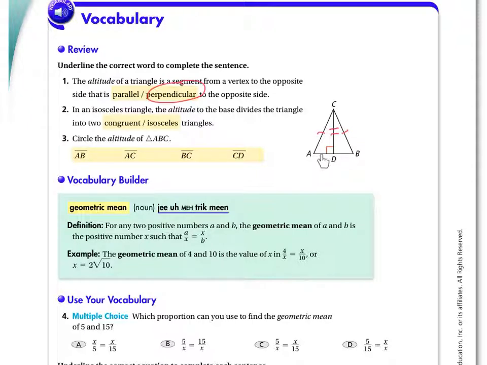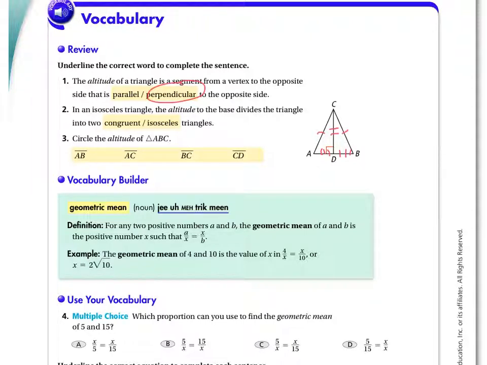So instead, remember that when this altitude right here, doesn't it bisect this vertex angle and doesn't it bisect this side? So I can also put 3 tick marks, if I can fit them in there, here, here, and here. So by SSS, aren't those triangles congruent?